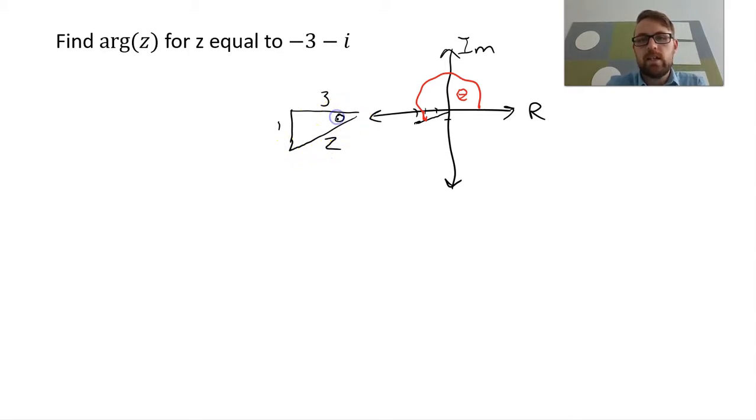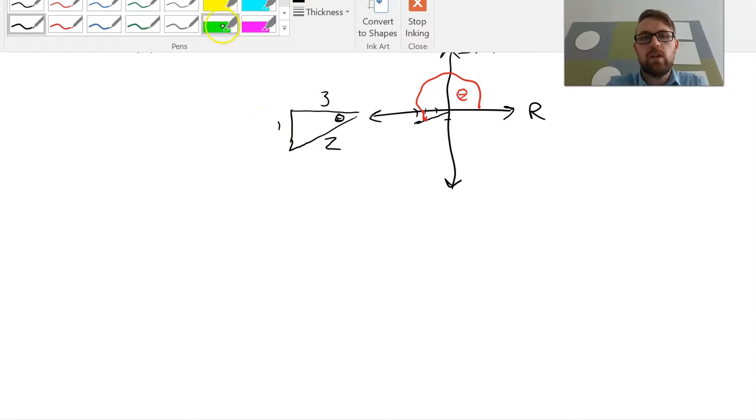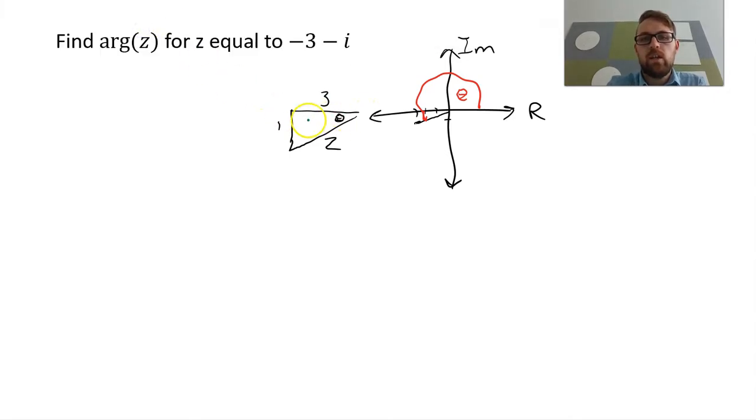So our argument is this angle here, plus that 180. So what we've got is the opposite. If we have a right angle triangle, opposite the angle is our opposite, next to it is the adjacent. We also know this is right angled, and our hypotenuse is that z.